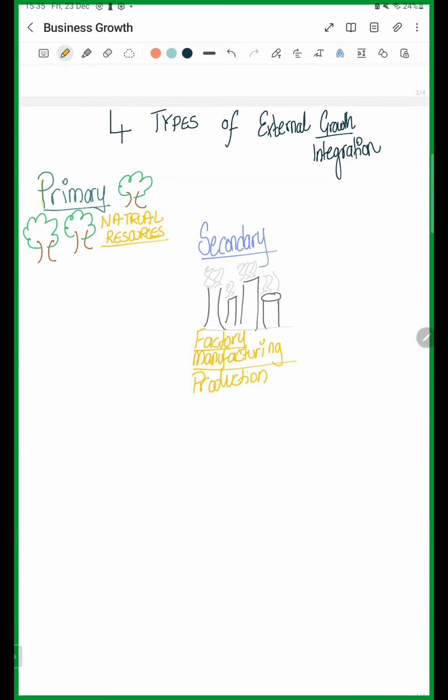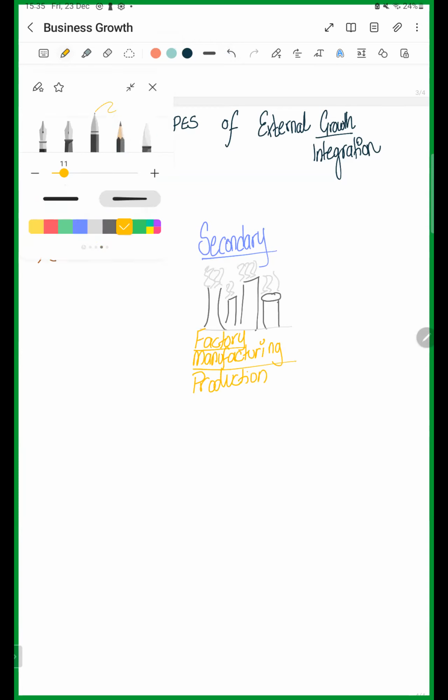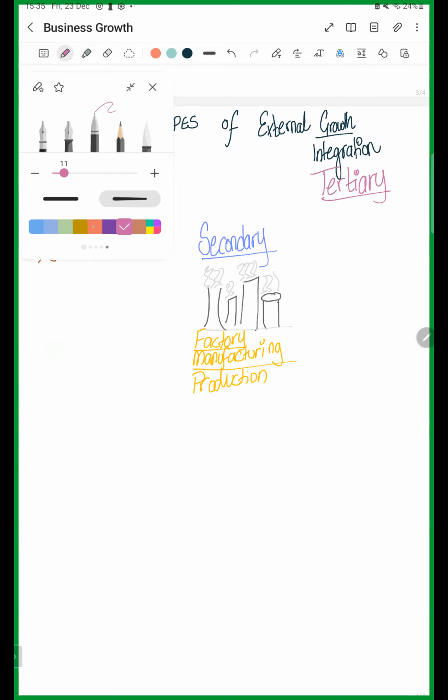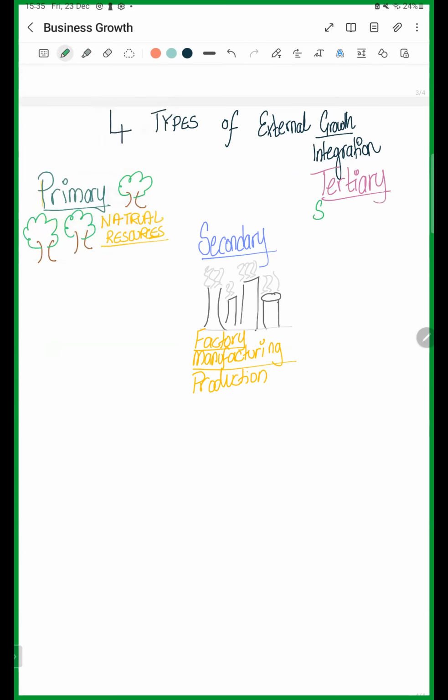Then finally comes your final sector. Remember what that one is called? Tertiary. Absolutely, yes. Your tertiary sector, also known as your service sector.